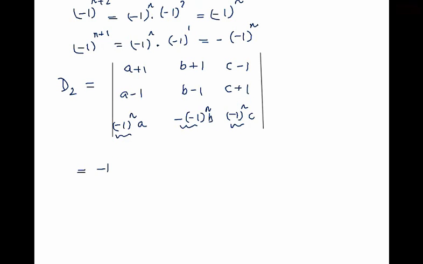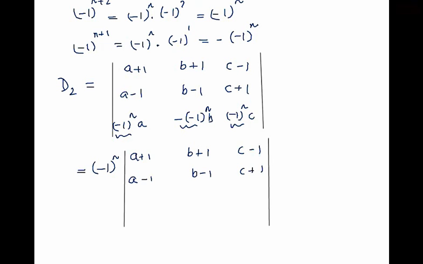So our determinant now turned out to be minus 1 to the power n, and now inside the determinant the things will turn out to be A plus 1, B plus 1, C minus 1, A minus 1, B minus 1, C plus 1, A, minus B, and C, because we have taken out minus 1 to the power n.